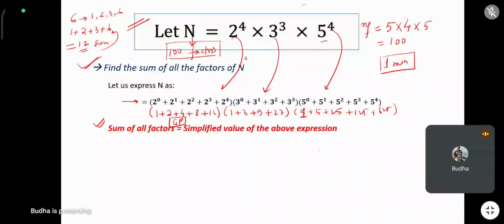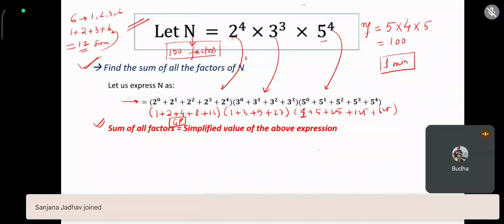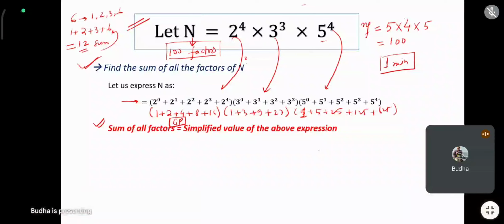If you are appearing now and if you want to reappear, you cannot reappear again and again. Once you do not qualify, you will have to wait for 6 months to 1 year elsewhere. हर एक कंपनी का एक पॉलिसी रहता है, if you got rejected in one attempt, immediately you will not be able to apply. Okay, so they will give you 6 months time or 1 year time.